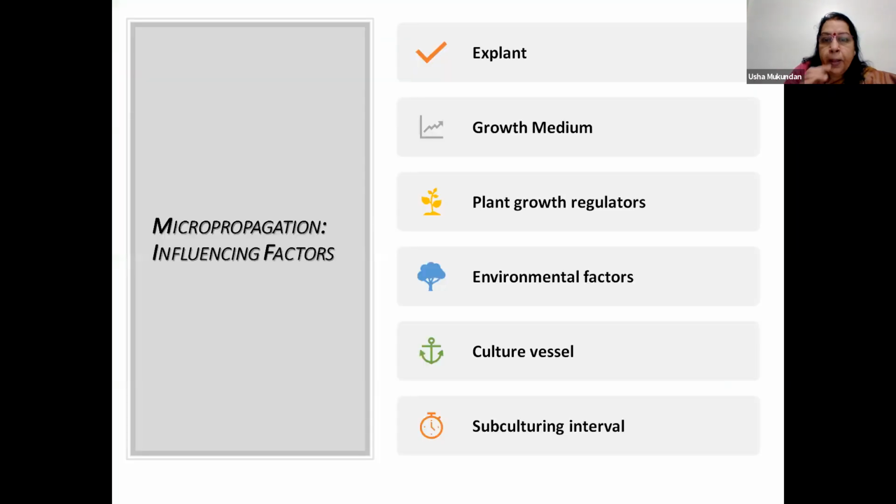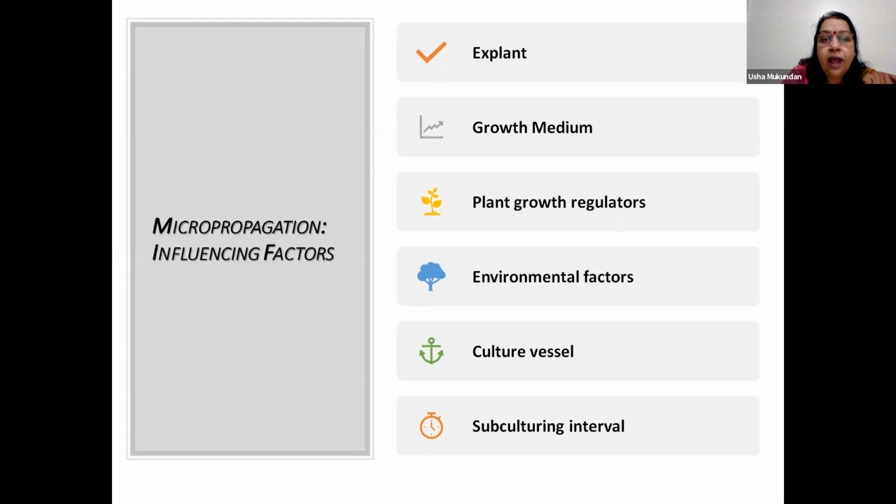Now, the factors which influence the success of micropropagation for any plant will depend upon choice of explant, then the growth medium which you have standardized along with the plant growth regulators. The physical condition are the environmental factors. So environmental factor will be temperature, it will be humidity, it will be oxygen also.